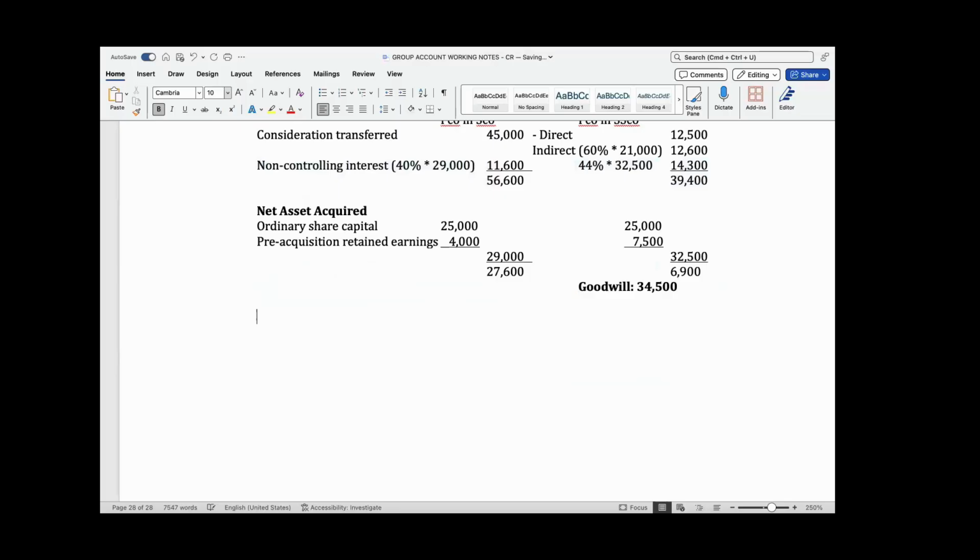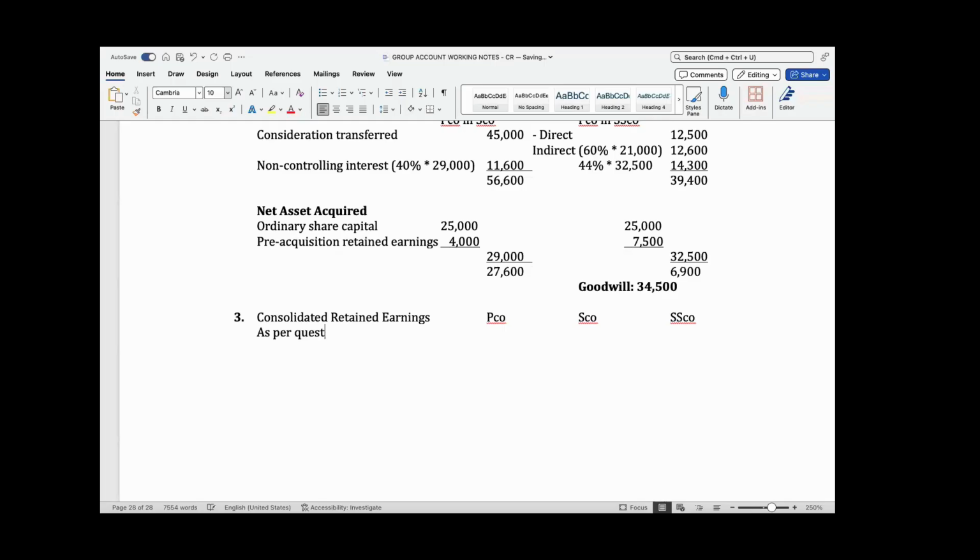So the third one is consolidated retained earnings. We are looking at PICO, ESCO, and SSCO.